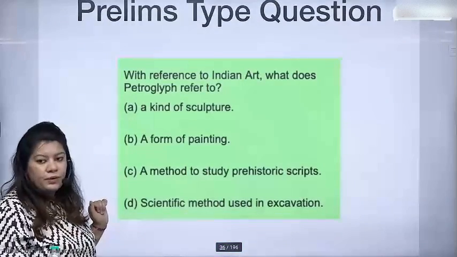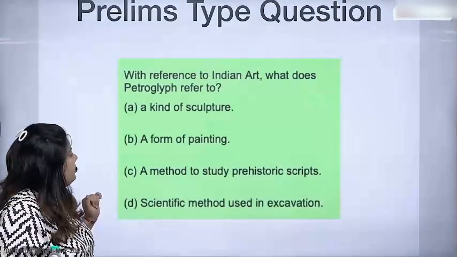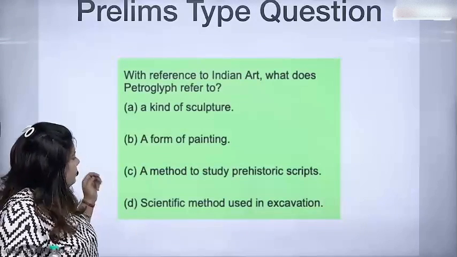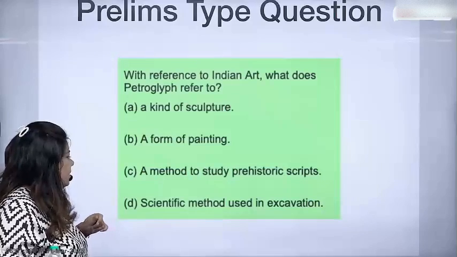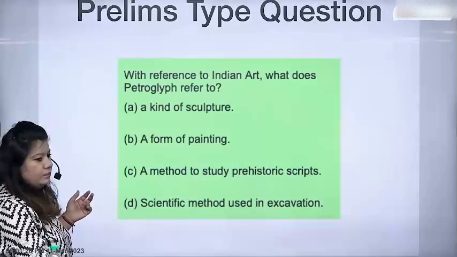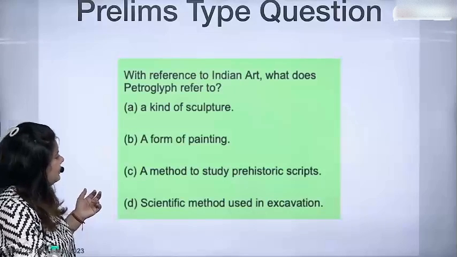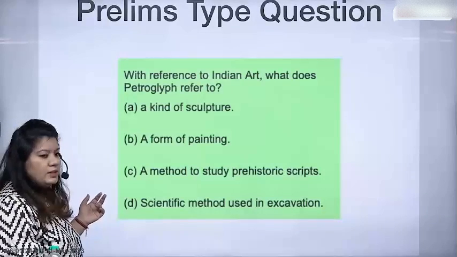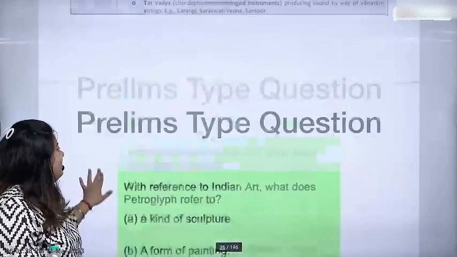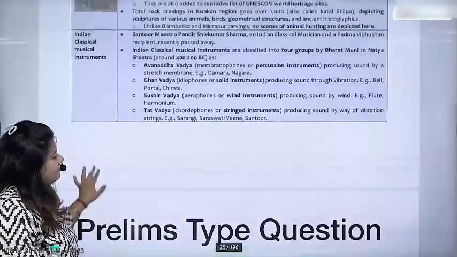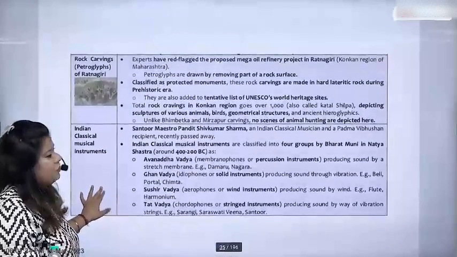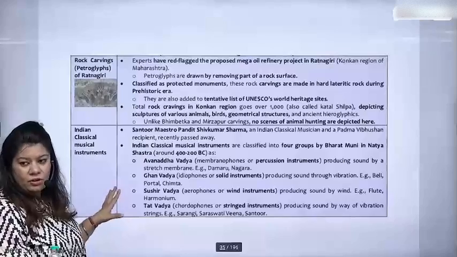A kind of question which you can expect: with reference to Indian art, what does petroglyph refer to? A kind of sculpture, a form of painting, a method to study prehistoric script, a scientific method used in excavation. Is it A or B or C? Why? Petroglyphs are drawings or paintings done on the rocks.